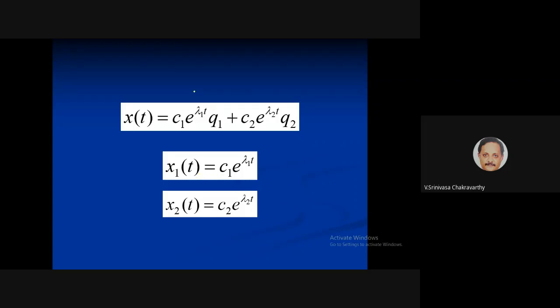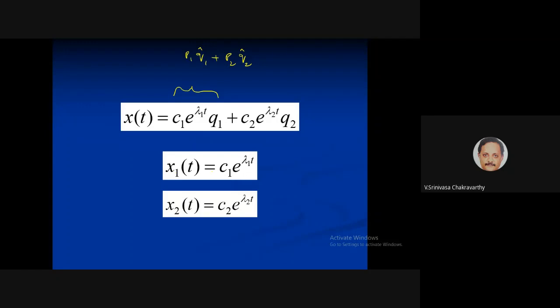Vector x has two components, so we'll write it as some p1 into q1 plus p2 into q2. Q2 and q1 are unit vectors. Therefore, p1 and p2 are the weights. These are the two components of the vector, and q1 and q2 form an orthogonal system. They are aligned along the x1 and x2 axes in this simple case.